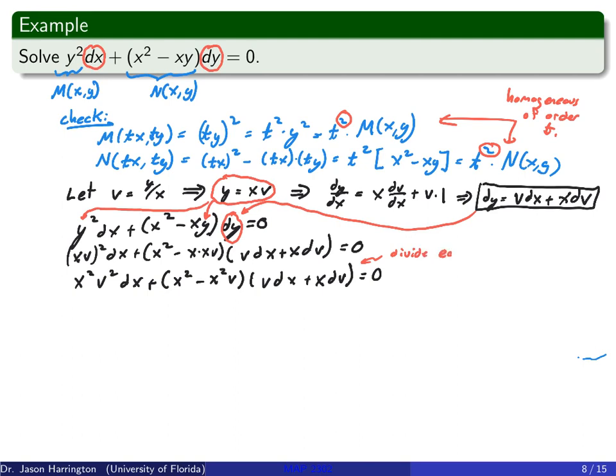Now what I'm going to do is take each term and divide each term by x squared to make it simple, because I can factor out this x squared into the front, and I also have an x squared on that term there.